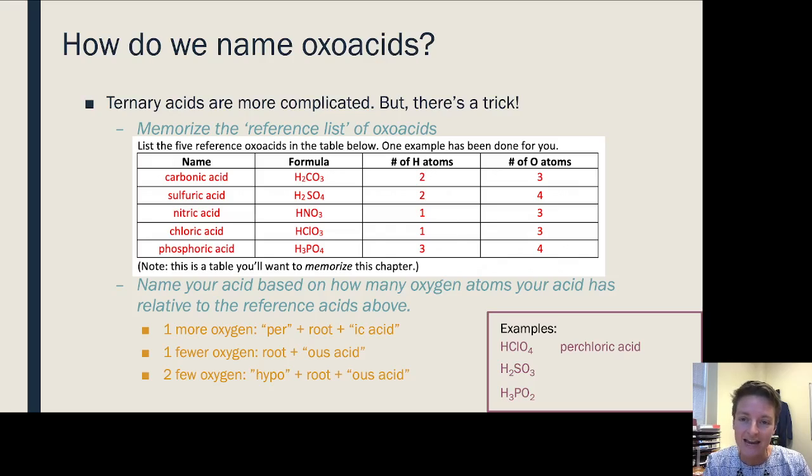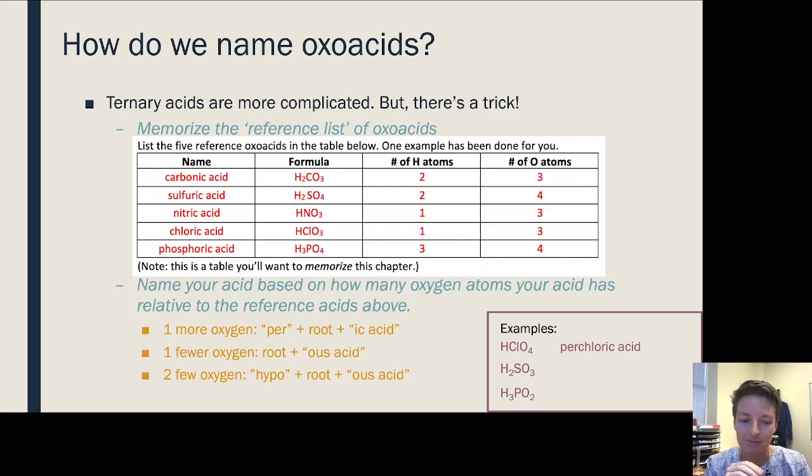Okay, so for H2SO3, I look once again at my reference acid, in this case sulfuric acid, and I see that my acid that I'm interested in, H2SO3, has 1 fewer oxygen atom compared to sulfuric acid. So my naming scheme is going to be the root, but I'm going to replace the word ic acid with the word us acid.